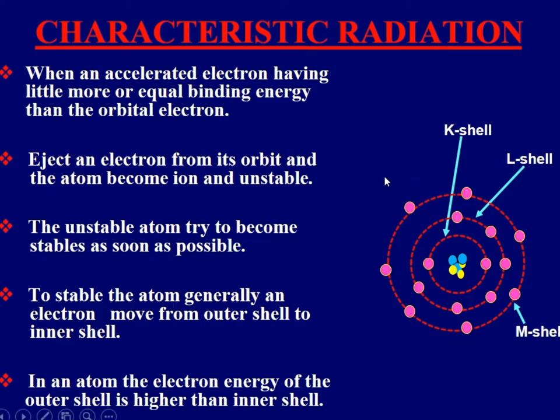This is the basic physics behind the production of characteristic radiation. Whenever an accelerated electron strikes the inner shell electron, the inner shell electron is knocked out from its shell, and an outer shell electron tries to fill this vacancy, instability is created, and the photon emitted as a result of this transition is the characteristic radiation.